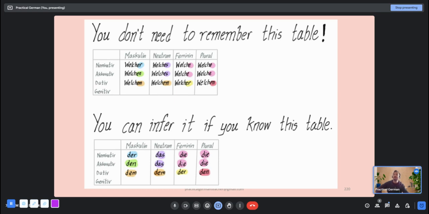If it is neutrum and you just say Welches, you will be right about two-thirds of the time. Of course, you also have to check the gender of the noun, and then in which case the noun finds itself.